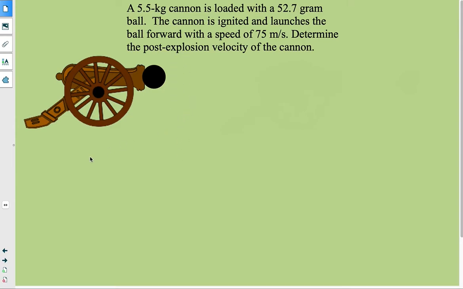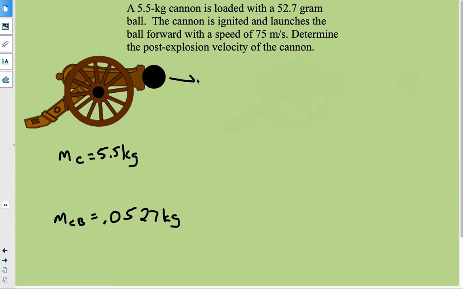The mass of the cannon is going to be equal to 5.5 kilograms. Okay. And the mass of my cannonball, we'll call it CB, is going to be equal to 52.7 grams. Now to get that in kilograms, we would divide it by 1,000. So it's going to be 0.0527 kilograms.